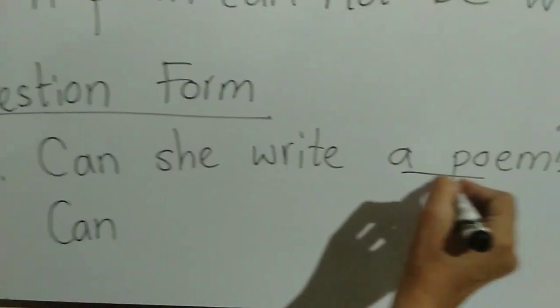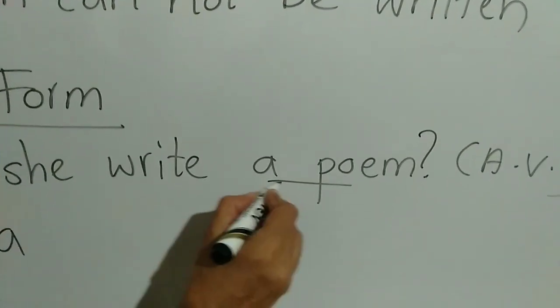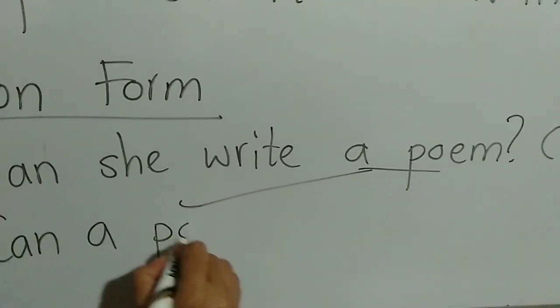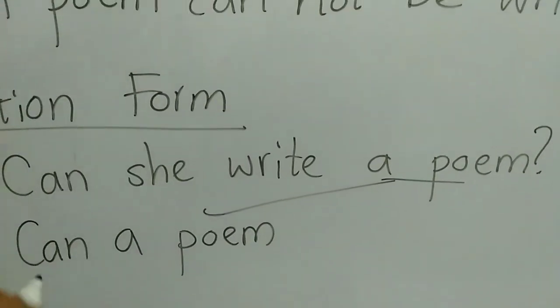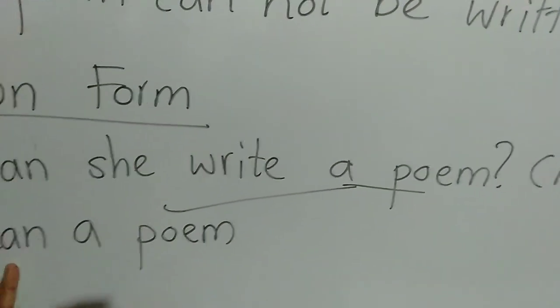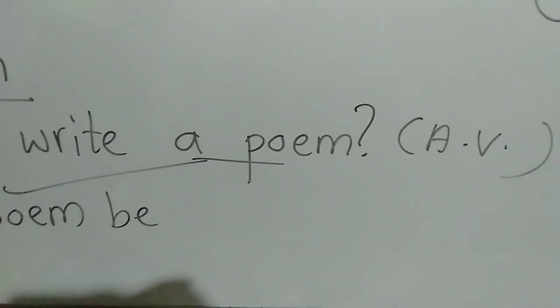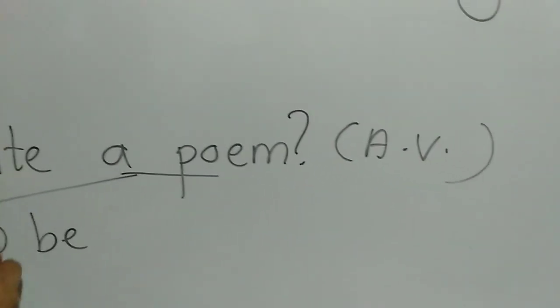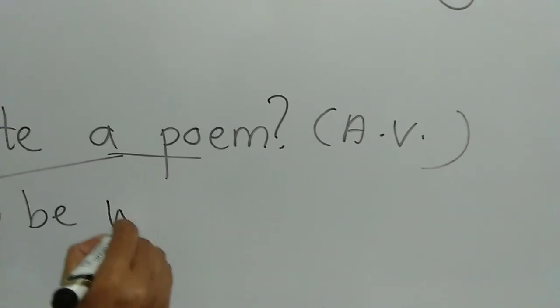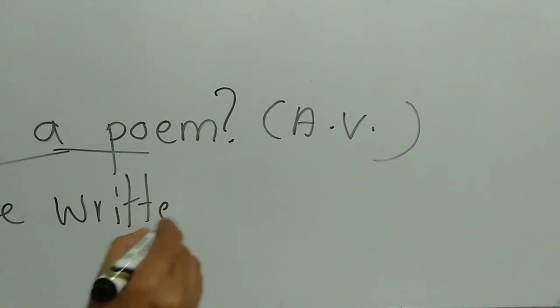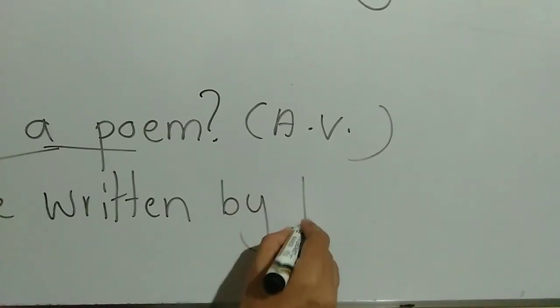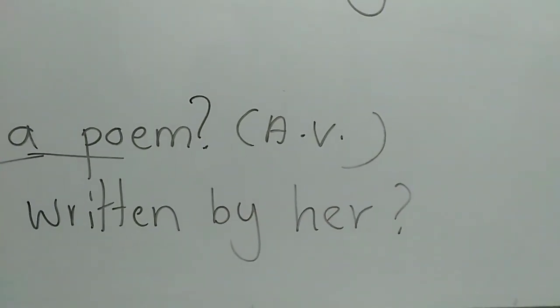We take this object here, can, a poem. Then we apply the rule here with the modal auxiliary verb be, can a poem be, then participle form of this verb, written by, a question.